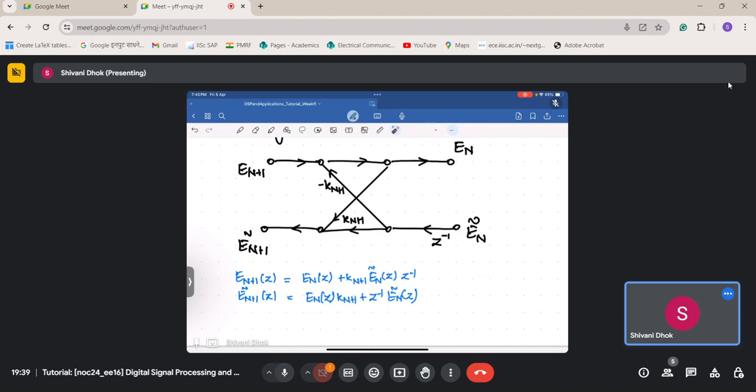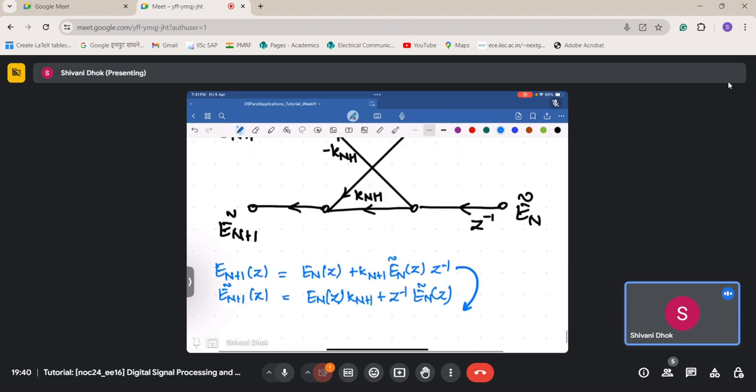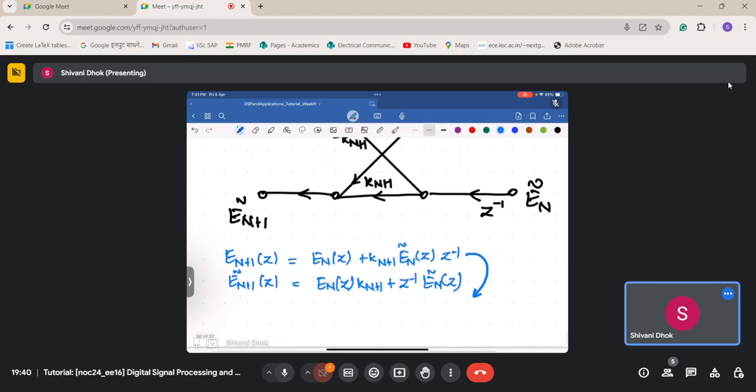Now, for the IIR structure, what did we do? For the IIR structure, we took this equation and manipulated this. We wrote this as E_n(z) equal to E_{n+1}(z) minus k_{n+1} into E_n tilde(z) into z inverse.